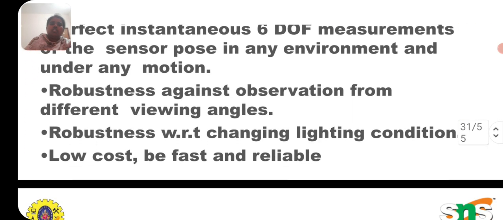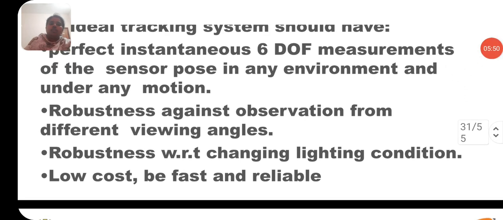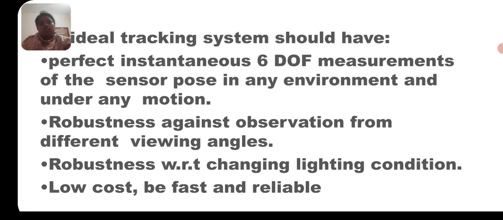It should be robust against observation from different viewing angles and robust with respect to changing lighting conditions. It should also be low cost, fast, and reliable. These are the major concepts of mobile augmented reality.